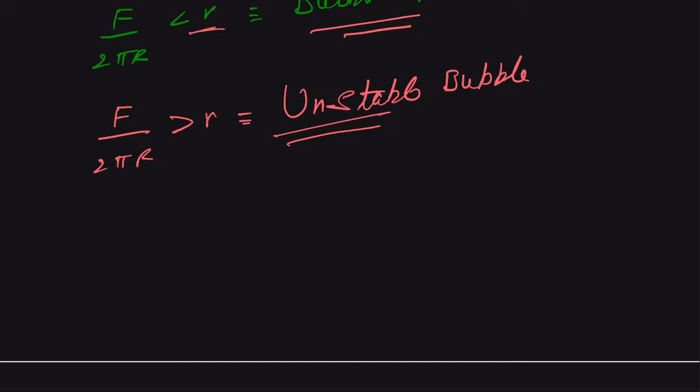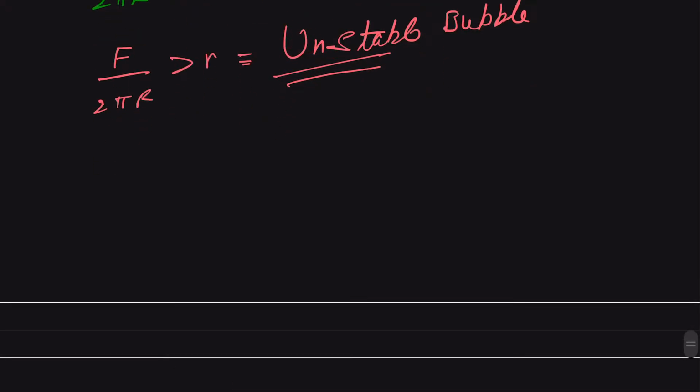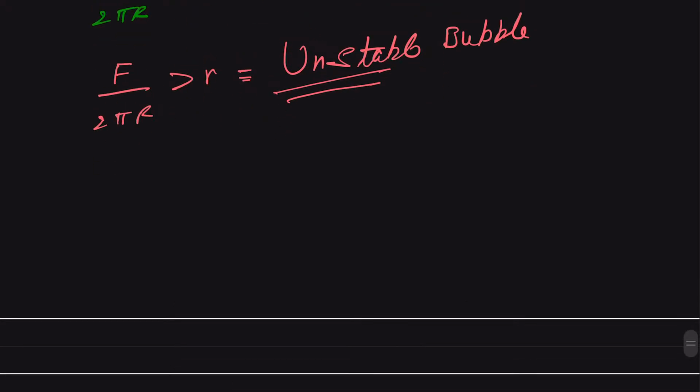And we can also find out what will be the critical charge for instability of the charged soap bubble. It is not asked in the question, but still we can find out.